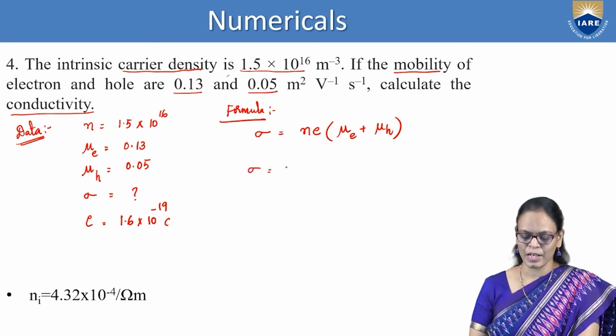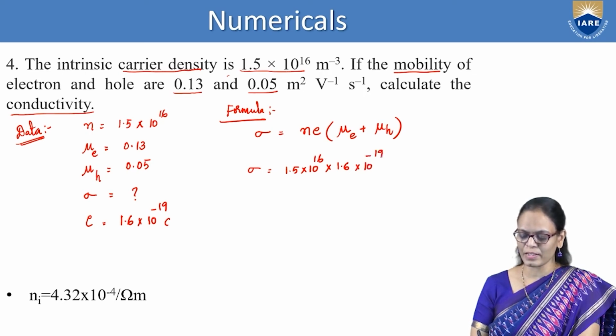N is 1.5 into 10 power 16 into charge is 1.6 into 10 power minus 19 into mu E 0.13 plus 0.05.